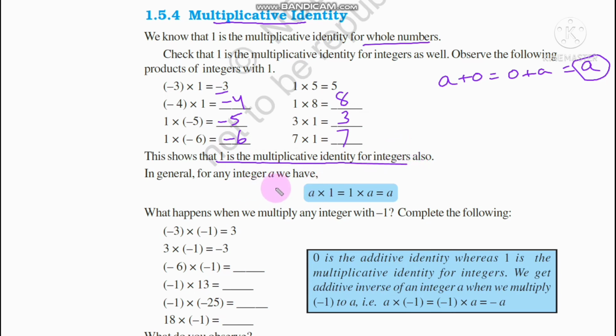So for any integer A, A into 1 is equal to 1 into A, that is nothing but A. So 1 is called multiplicative identity and 0 is called additive identity. Understood, children?